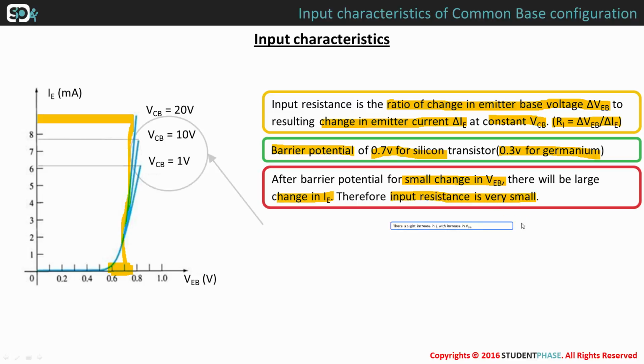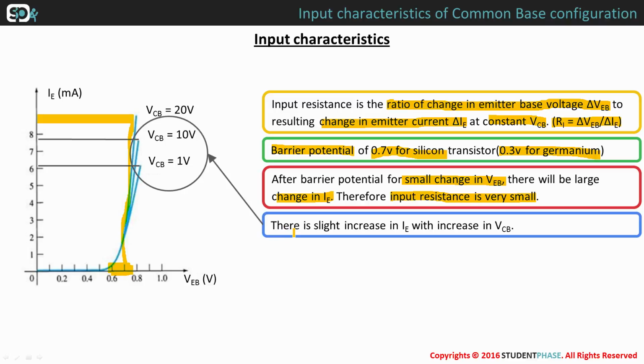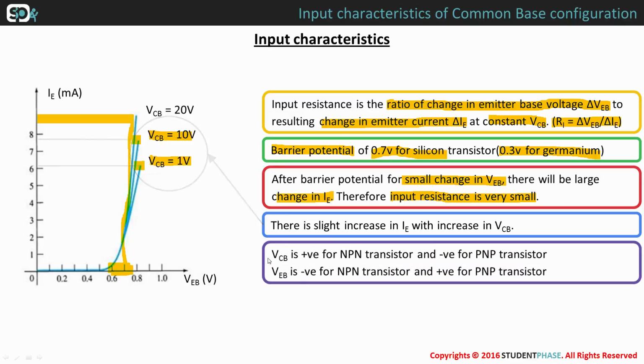Here, you can also observe that there is little increase in IE with increase in VCB. VCB is positive for NPN and negative for PNP transistors. VEB is negative for NPN and positive for PNP transistors.